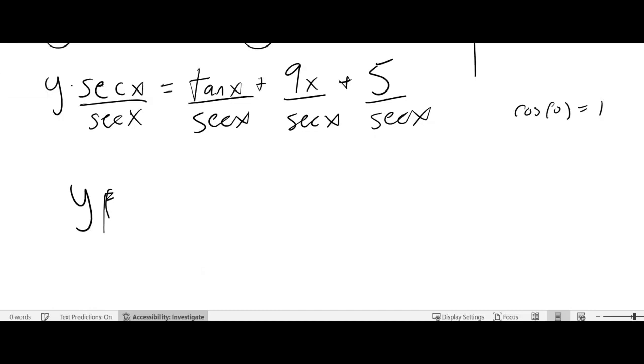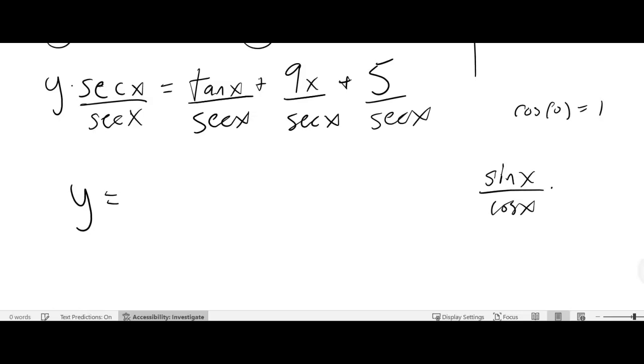Why is my pen doing that today? Y equals tangent divided by secant. If you need to, you get to do a little trig identity stuff here. Tangent over secant. What do we do in pre-calc class? A lot of times we change everything to sine and cosine.